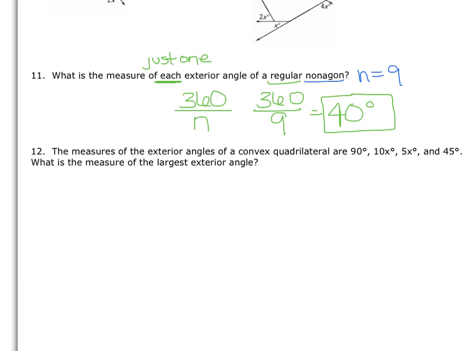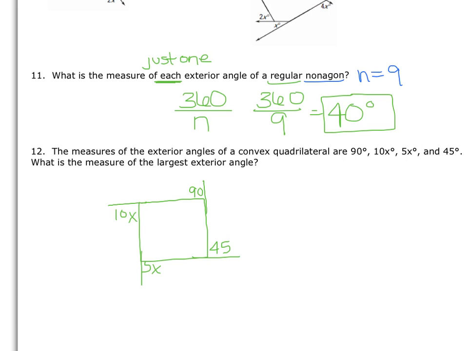Last one. The measures of the exterior angles of a convex quadrilateral are 90, 10x, 5x, and 45. What is the measure of the largest exterior angle? All right, so we have a quadrilateral, and all of these exterior angles: one is 90 degrees, one is 10x, one is 5x, and one is 45.